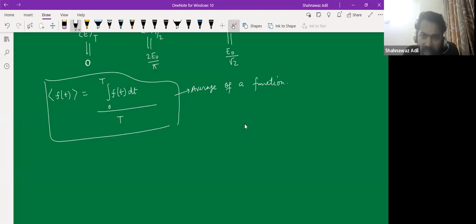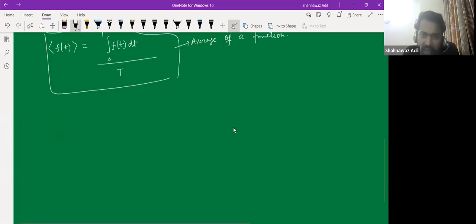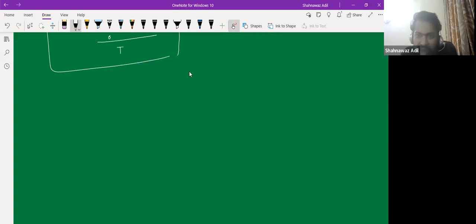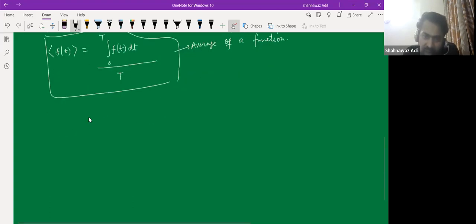Right, and if you have, let's say, two EMFs, where E is E naught sine omega t, and then we have, let's say, E2 sine omega t, right?